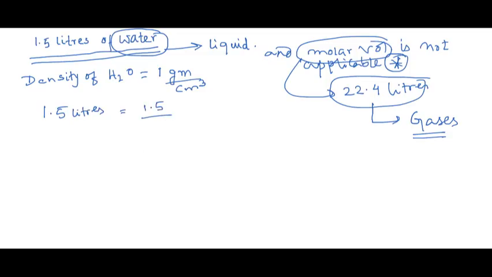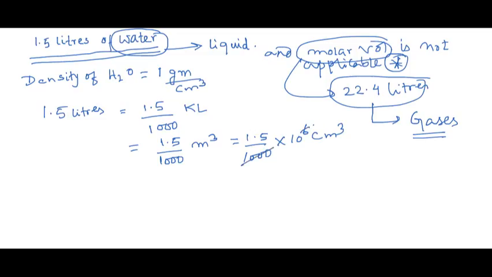That means 1.5 by 1000 kiloliter. That means 1.5 by 1000 meter cube. That means 1.5 by 1000 into 10 to the power 6 centimeter cube. So it is basically 1500 centimeter cube. Now the volume has been given as 1500 centimeter cube.